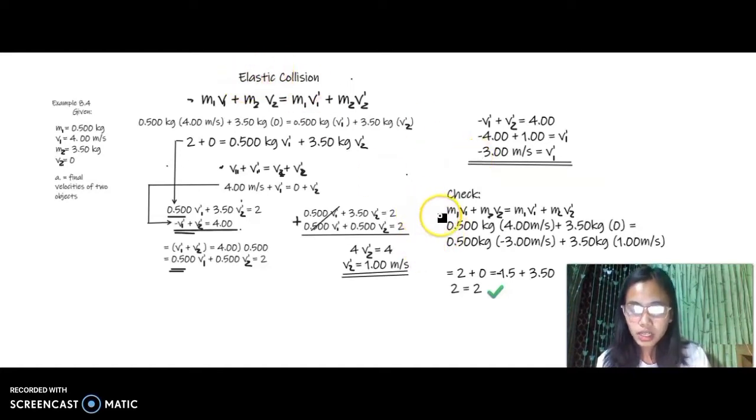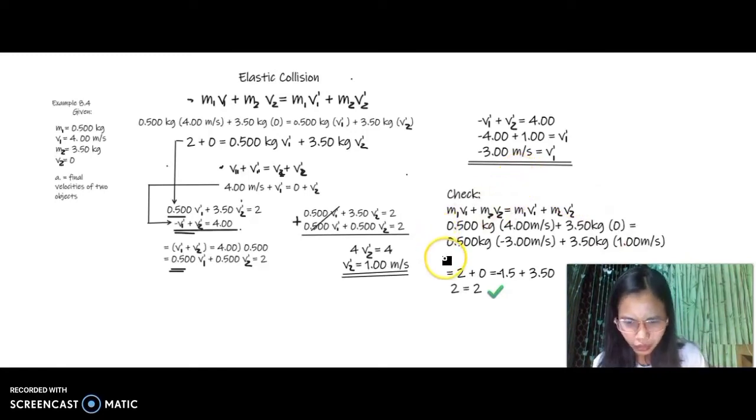So our mass 1 is 0.500 kilogram, our V1 is 4 meters per second, plus our M2 is 3.50 kilogram, our velocity 2 is 0, equals M1 again 0.500 kilogram, our velocity prime 1 is negative 3 meters per second, plus our M2 3.50 kilogram, and our velocity prime 2 is 1 meter per second that we just recently found.